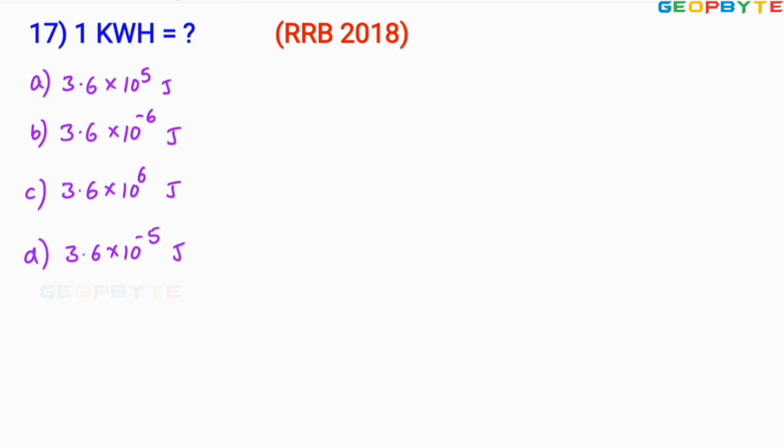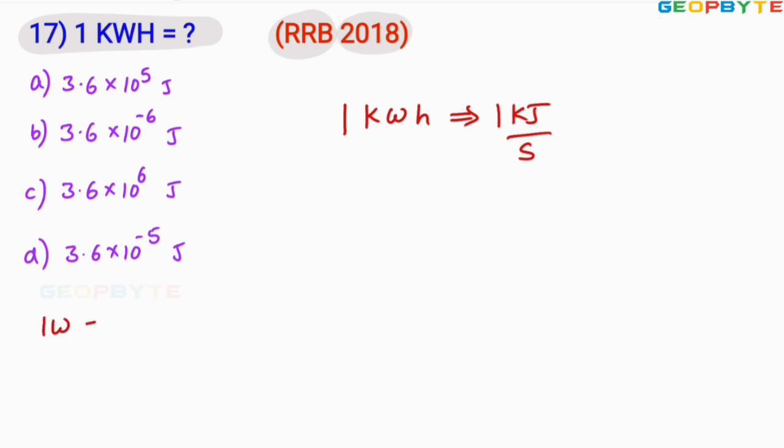Look at the problem given in 2018 for RRB. 1 kilowatt hour is what? 1 kilowatt hour can be written as 1 kilojoule per second times hour. 1 watt is equal to 1 joule per second, and 1 hour is equal to 3600 seconds.